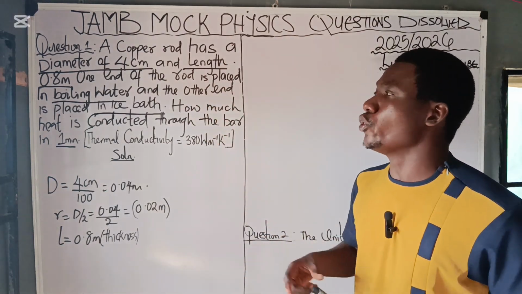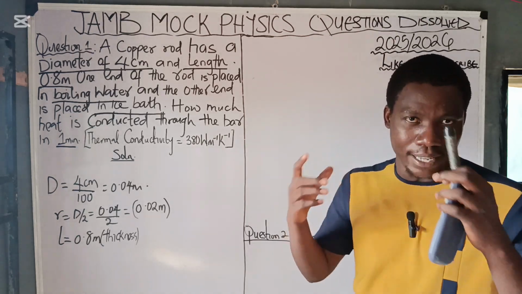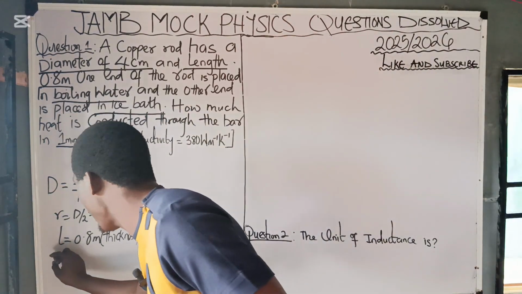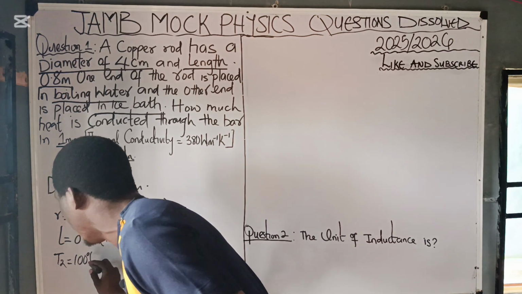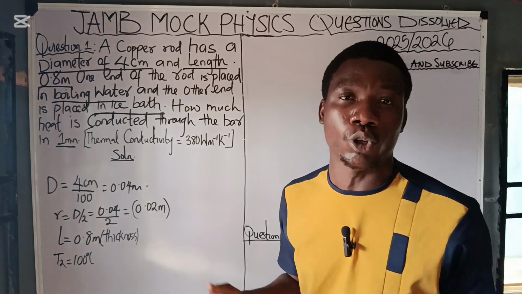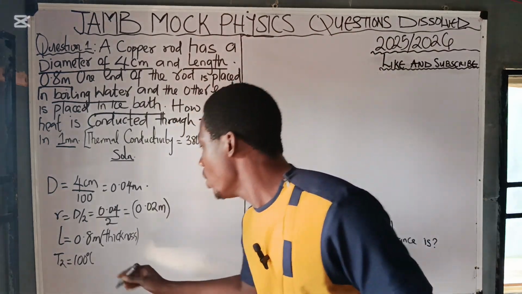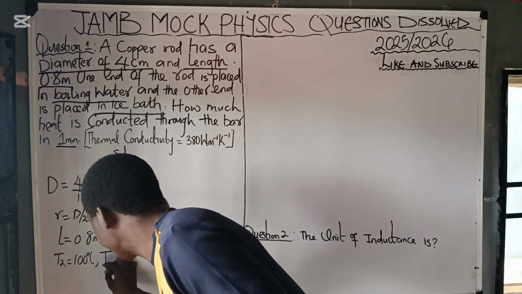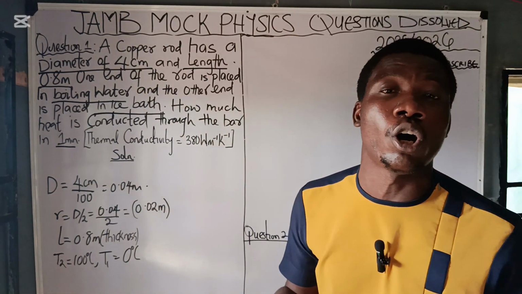Now let's continue with the question. One end of the rod was placed in boiling water and the other end was placed in an ice bath. So the final temperature, which is the higher one, is the temperature of the boiling water. Don't forget that water boils at 100 degrees Celsius. So T2 is 100 degrees Celsius, while the other temperature, T1, is 0 degrees Celsius, which is the temperature of the ice.